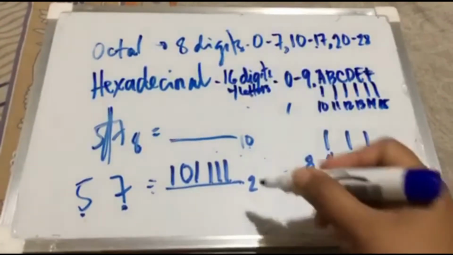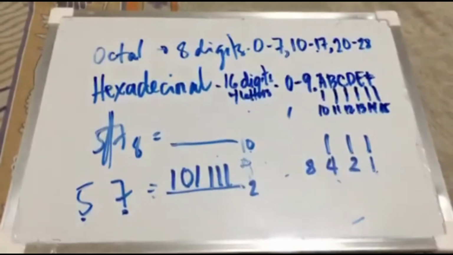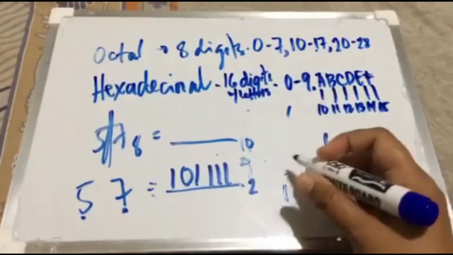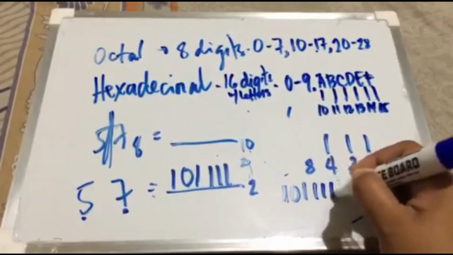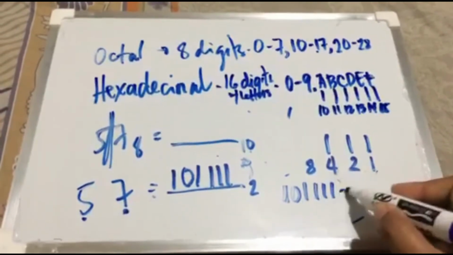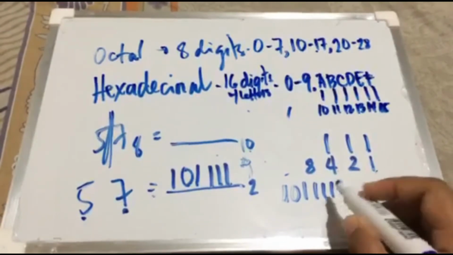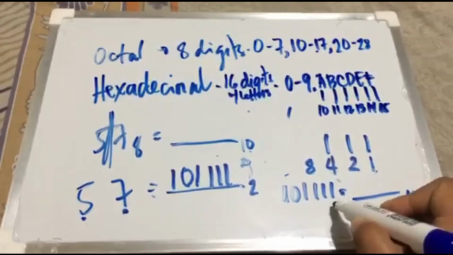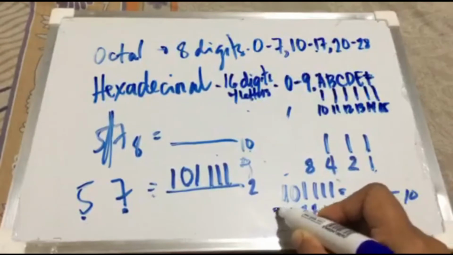And then from binary we can now convert it to decimal. So you have the binary number 101111. If we're going to convert it to decimal, these are the values for the positional notation: 1, 2, 4, 8, 16, 32.